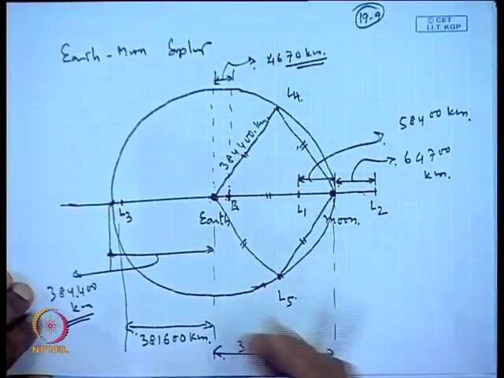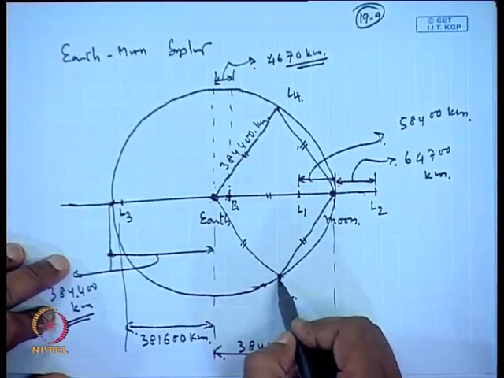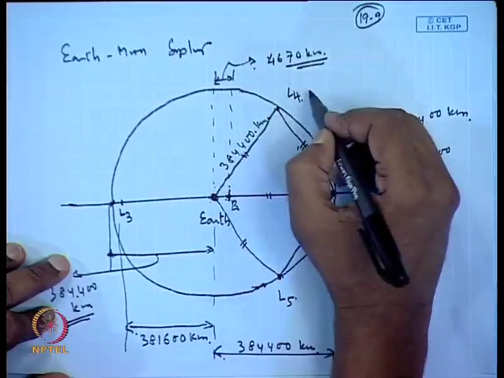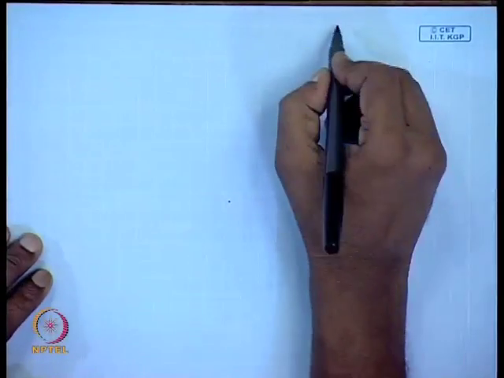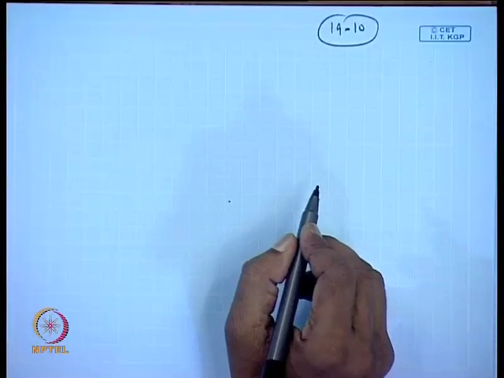Okay. Now, as we have already discussed, L4 and L5 are the stable points. Proving the stability of this system is again beyond the scope of this course.